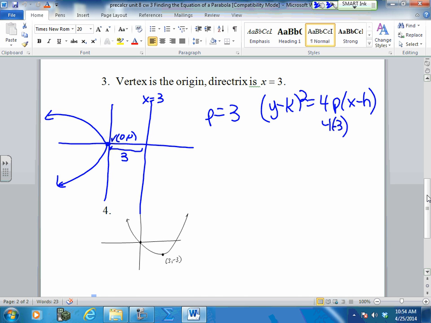What else do I know? I got to eliminate something else here. H and K, and what are they? 0, 0. There's my vertex. My vertex is at the origin. So y minus 0, is it okay if I just write the y squared? And x minus 0. Look how nice this is. And is it opening left like we thought it would? Mm-hmm.